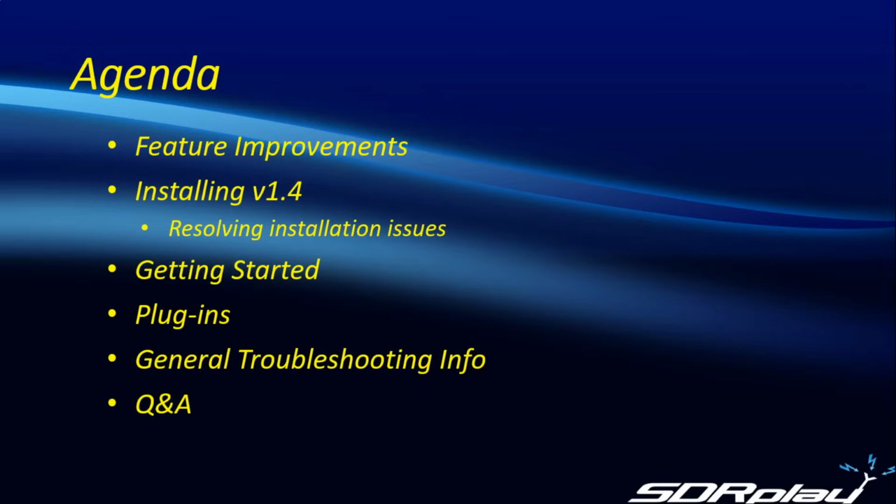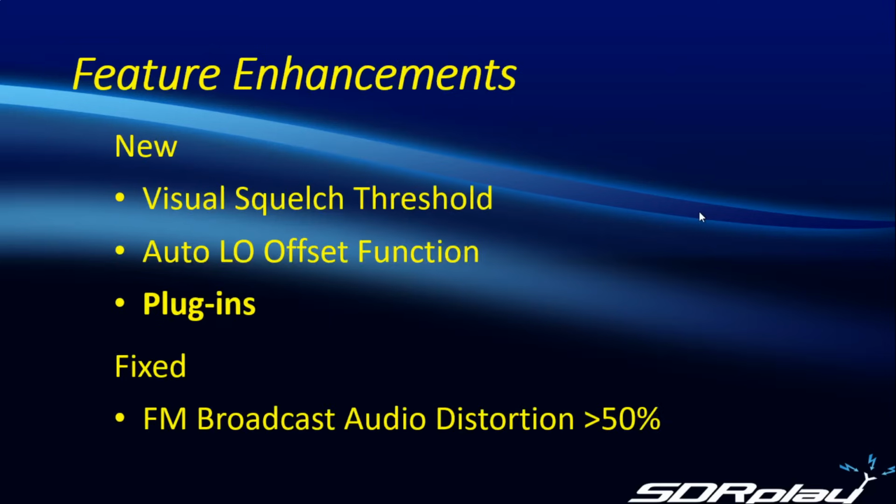And then while we have everybody, we still see some issues with general troubleshooting showing up on the forums here and there, so we'd like to go through that. And then by then we'll have a look at the Q&A. We'll see what's coming in from you on chat, and we'll try to address that. So first up, let's look at what's new in Uno 1.4.